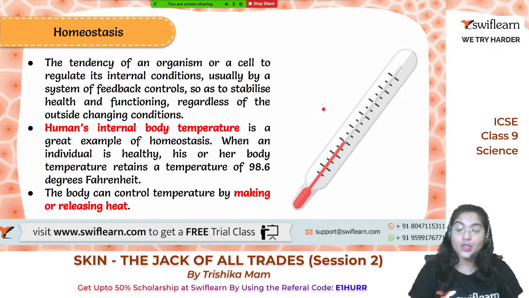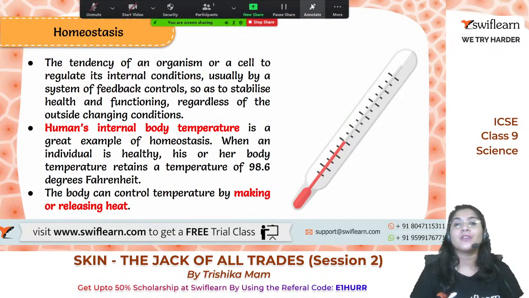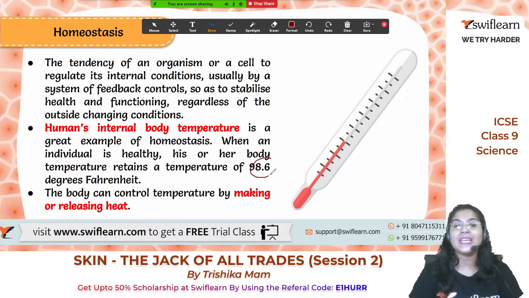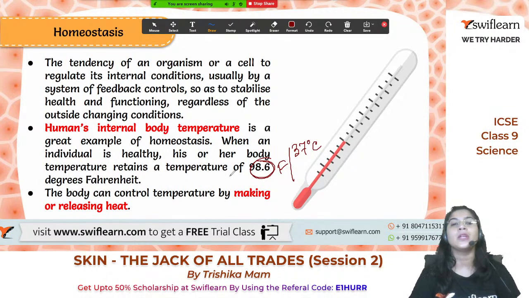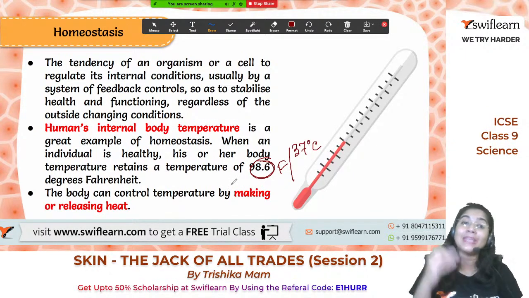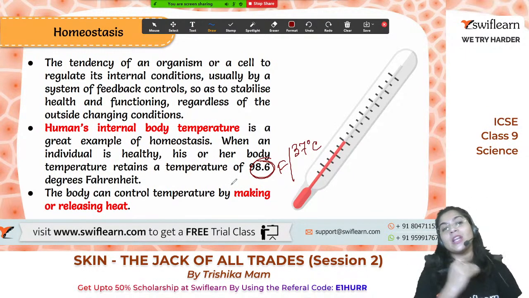So the normal body temperature of a human being is 98.6 Fahrenheit, or we can also say 37 degrees centigrade. We have the capacity to maintain this constant temperature within our body.